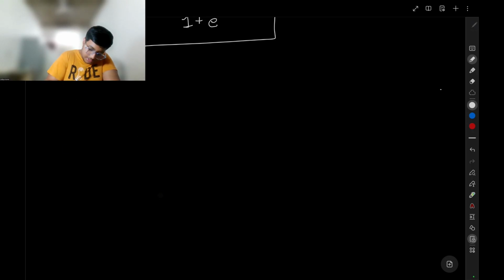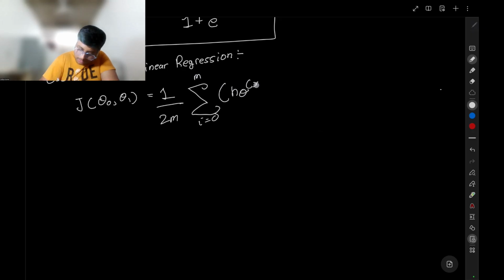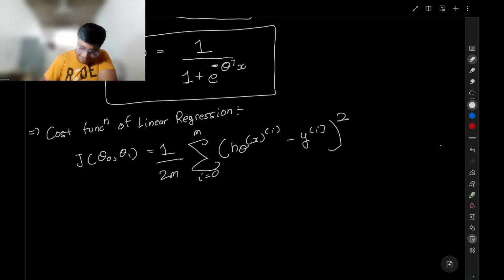The cost function of linear regression was J of theta 0, theta 1 equals 1 upon 2m, summation of i equals 0 to m, of h of theta of x i minus y i, whole square.